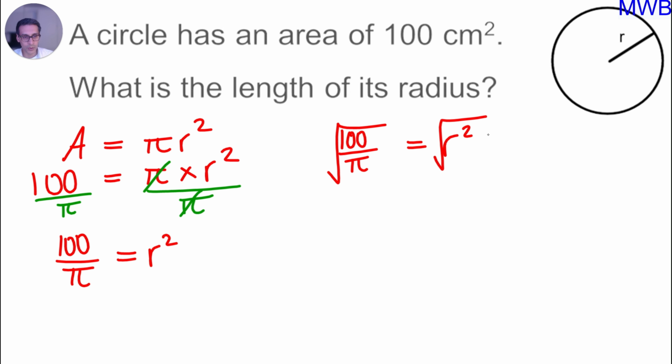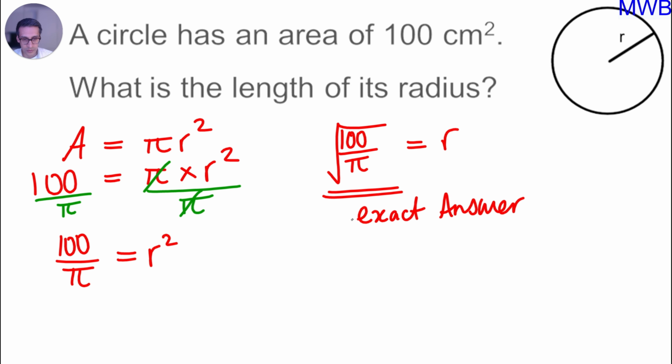Now the square root of r squared is just r, so we're just going to leave that as r. This is what we call an exact answer because it's in terms of pi. The exact answer is, you can leave it like this. If it asks you to turn it into a decimal, you would just use your calculator to do that.